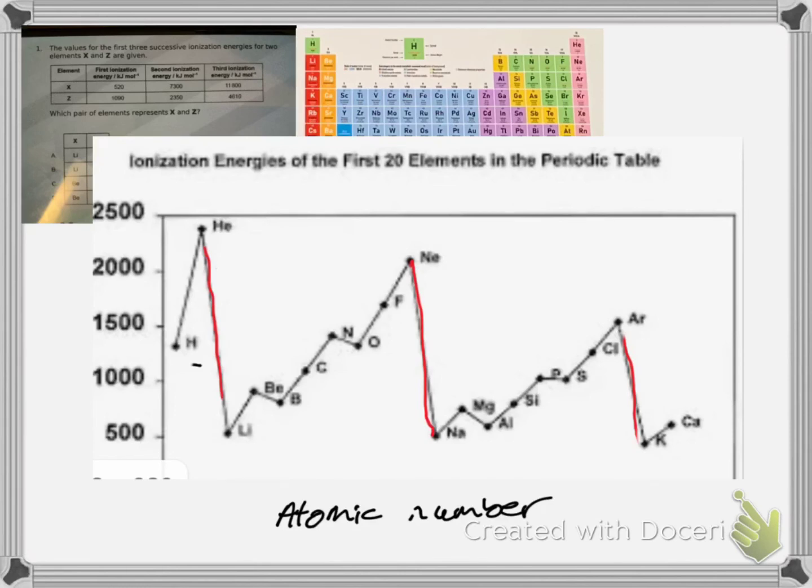Again, argon and potassium: argon is at a 3p6, while potassium is at a 4s1 with a 3p6 orbital already being filled up.